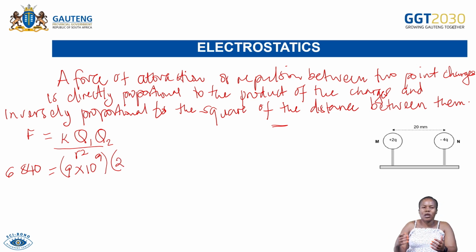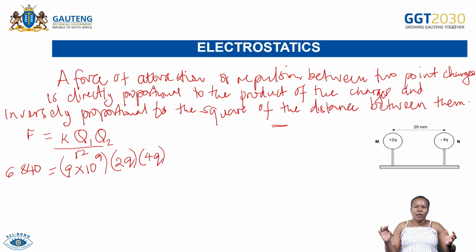Don't worry about the charges as you are doing your substitution. So this is 2Q multiplied by 4Q. You will see that I didn't put any positive or negative, I just put the magnitude. Because they told you this one is positive and negative, you can tell that this is going to be a force of attraction.